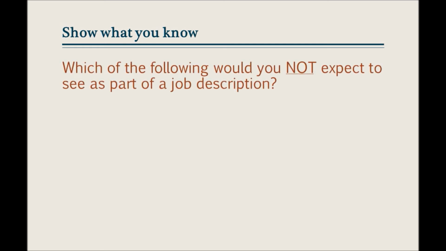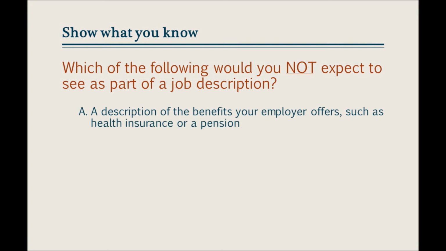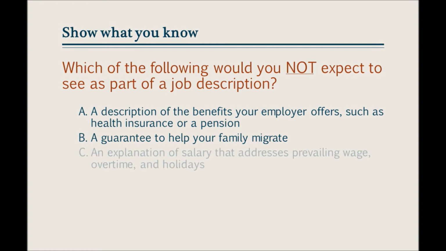Let's test your knowledge. Imagine that an international recruitment agency has offered you a contract for a job. Which of the following would you not expect to see as part of the job description? A. A description of the benefits your employer offers, such as health insurance or a pension. B. A guarantee to help your family migrate after fulfilling a certain amount of time on the contract.